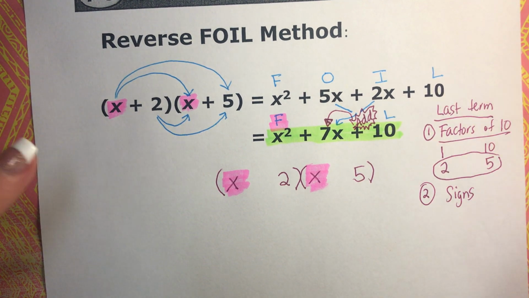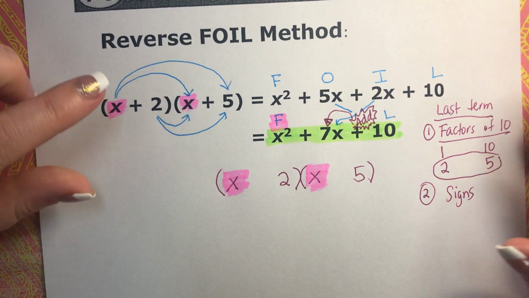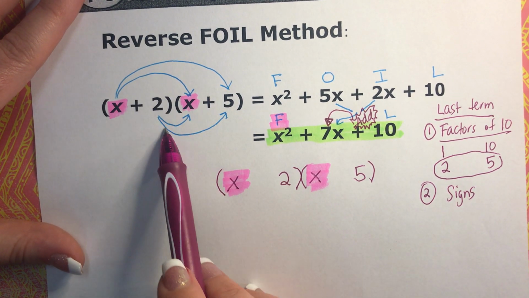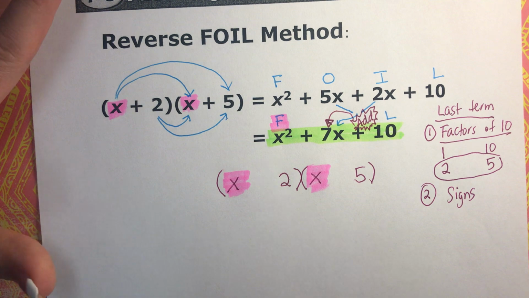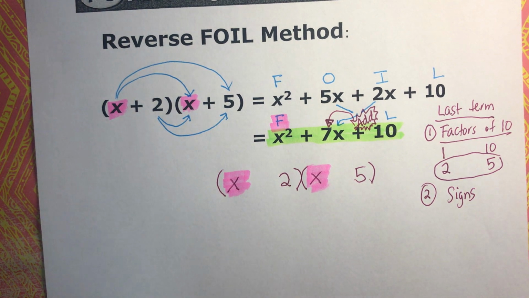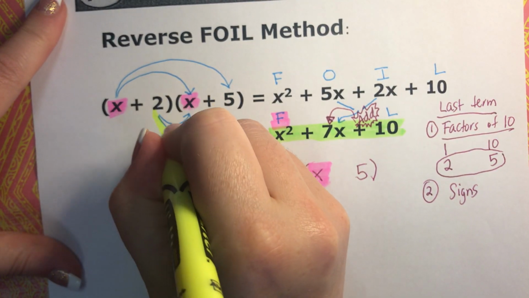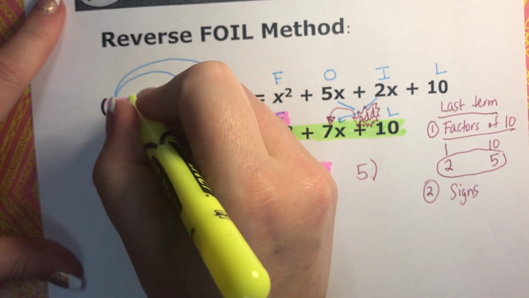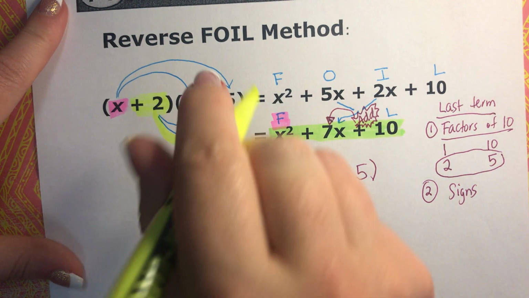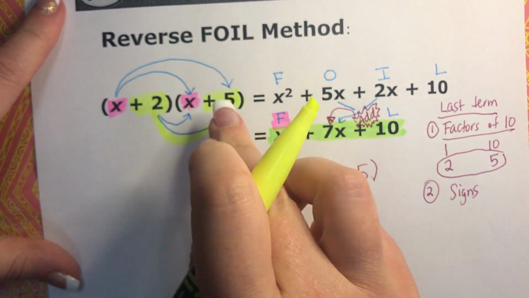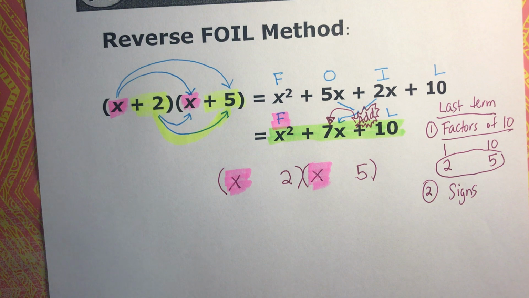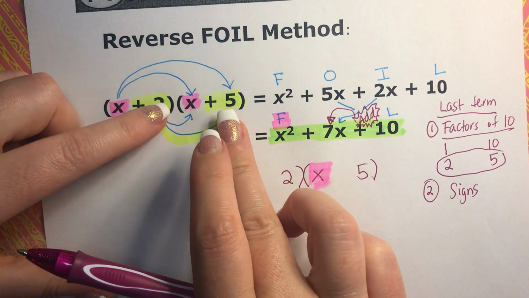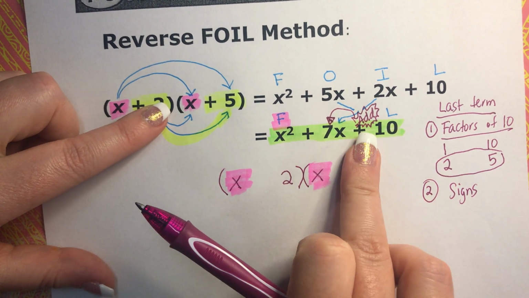When we have first, outside, inside, last, I'm paying attention to this last bit right here, which is my last. We're going positive 2 times positive 5, and that's how we get a positive 10. So you are multiplying two numbers together to get a positive 10.